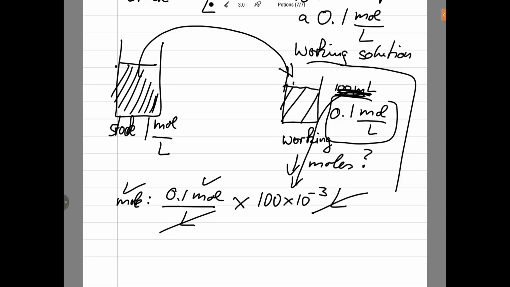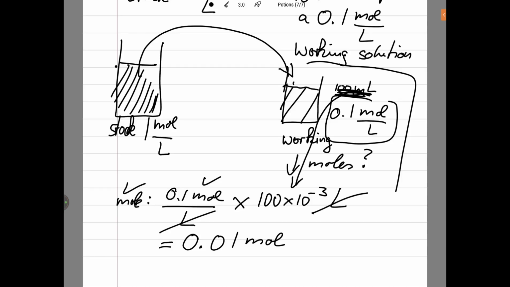So, how many moles have we got? So I need 0.01 mole. Right? Makes sense? Have I got it right? Ha! I can do that even without a calculator. What a man. So, what does this tell me?